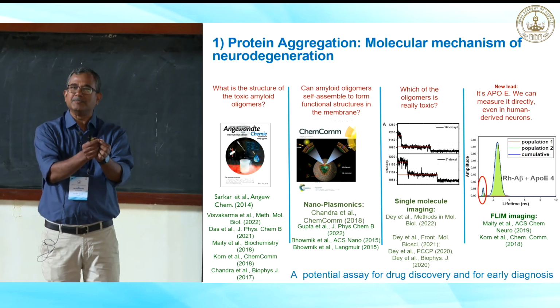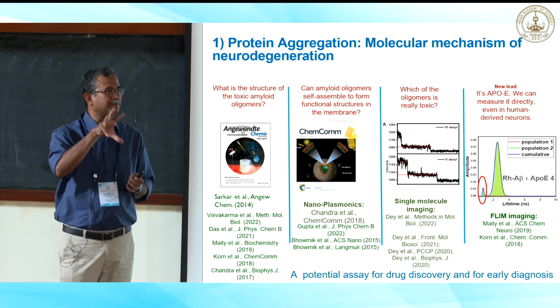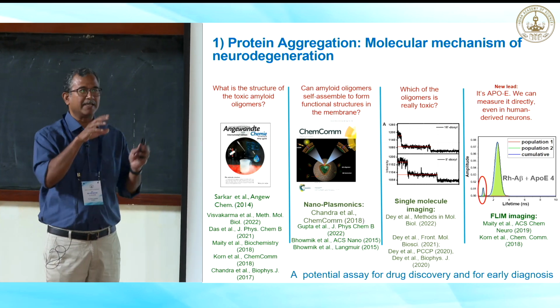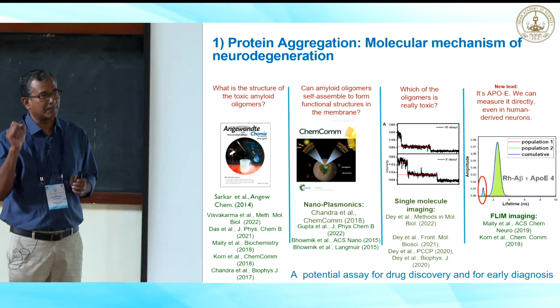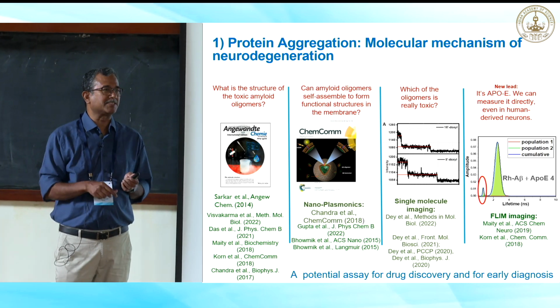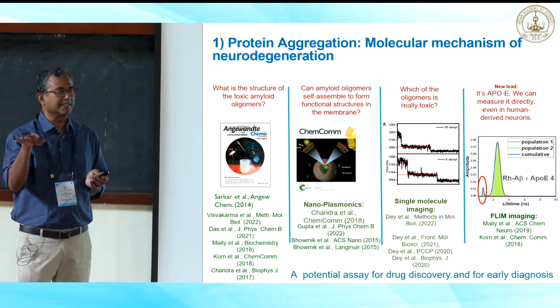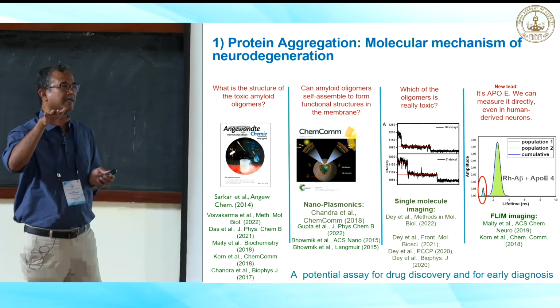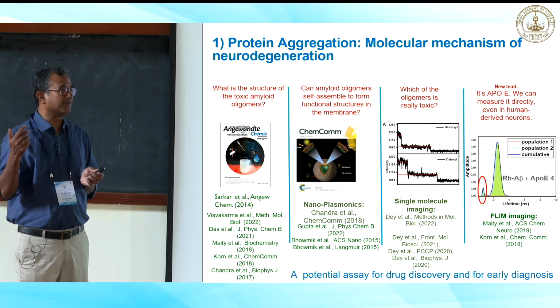And we always thought, because there's a missing piece of the puzzle every time we went in, either in vitro or in cells, that it cannot be just this one thing, because nobody can really reproduce in the test tube the conditions that are there in the brain. Even the logic doesn't apply. The concentrations that you require for aggregation to happen in the test tube are orders of magnitude higher than what is there in the brain.